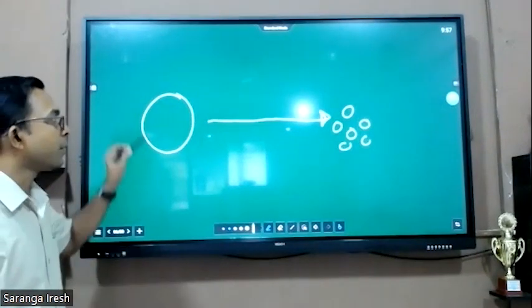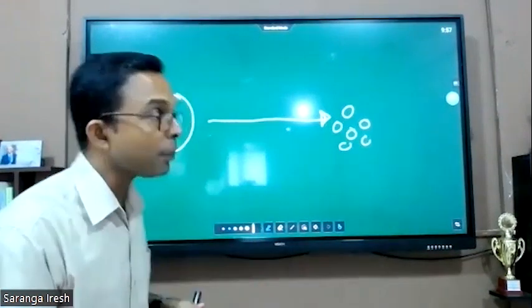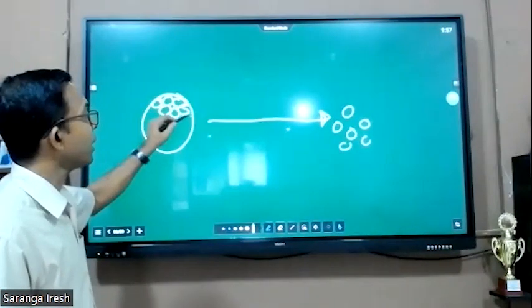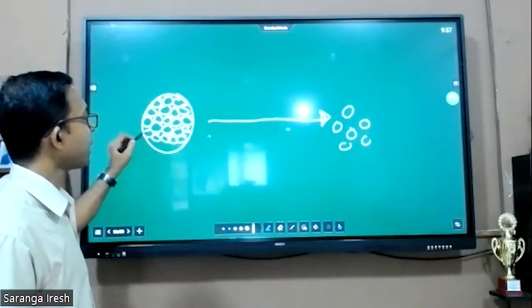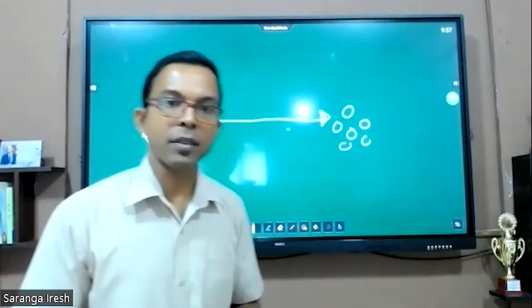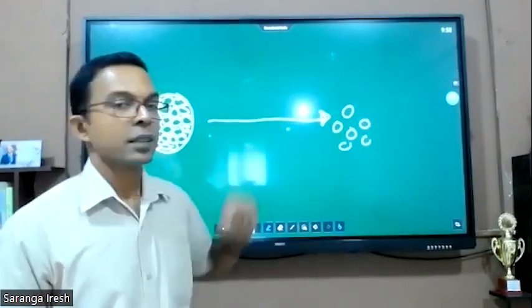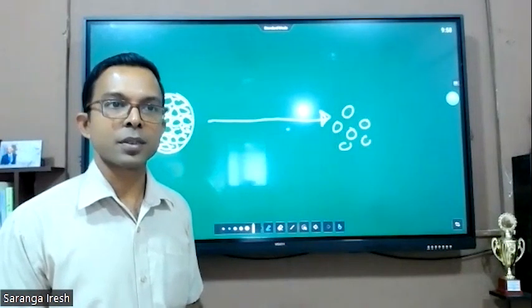For this process, it is important to break the bonds present in the molecule, because the molecules are tightly bonded inside this large molecule. So these tight bonds need to break to make the smaller molecules.